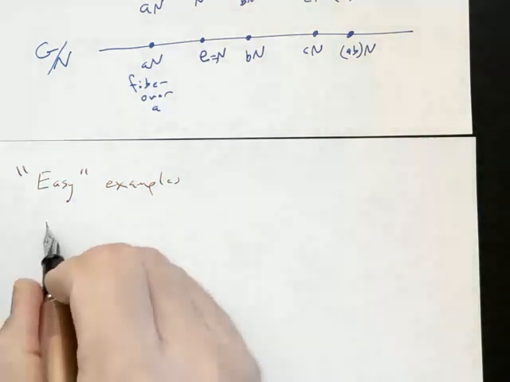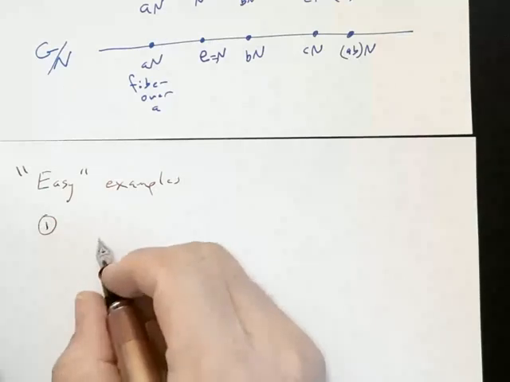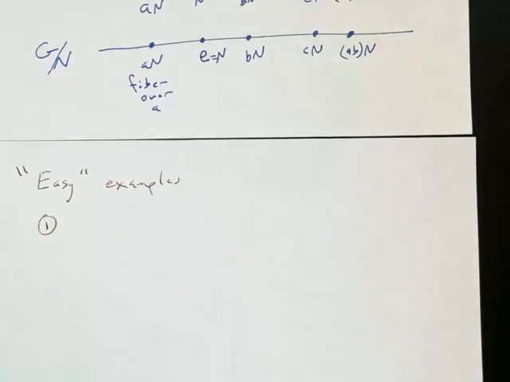The first one, let's make a subgroup. What is the smallest possible subgroup we can have in any group? Just the identity. Closed. 0 plus 0 is 0. 1 times 1 is 1.